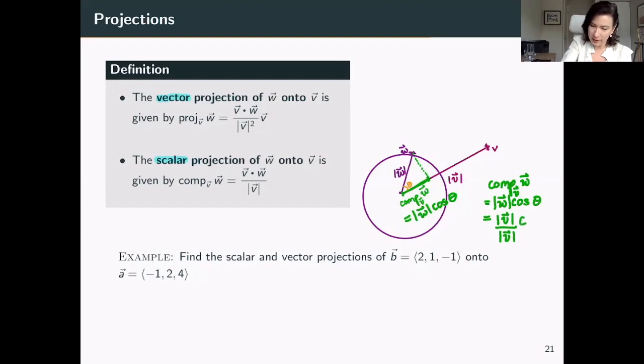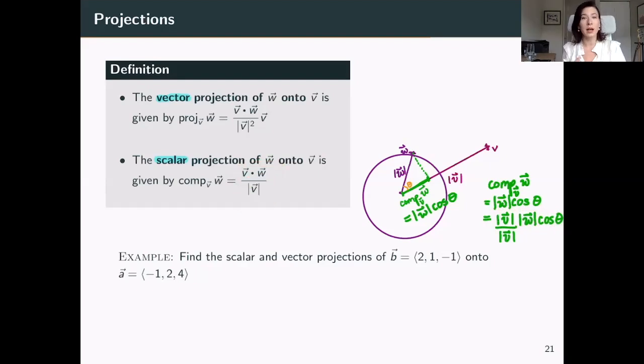And then we have the magnitude of W times cosine of theta. Then in the top here, we end up with just V dot W, so V dot W all divided by the magnitude of the vector V.